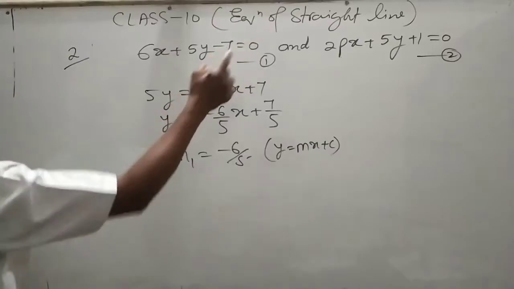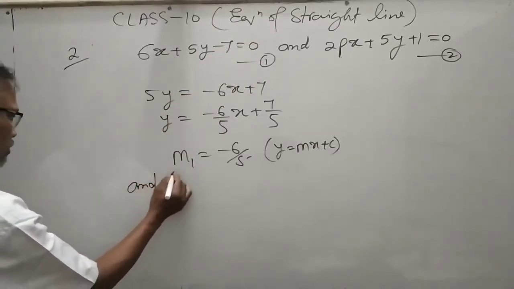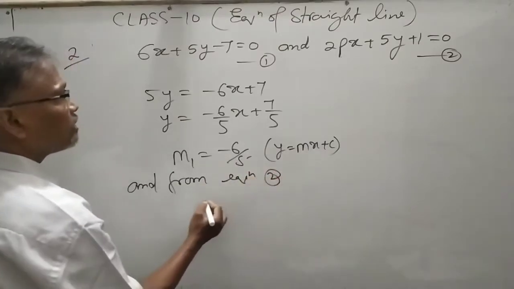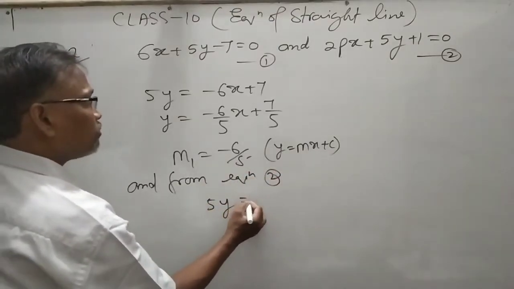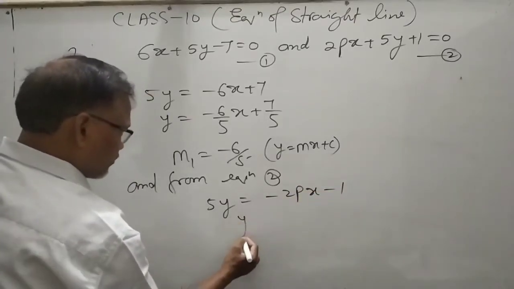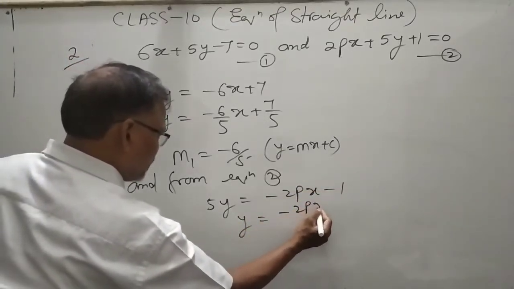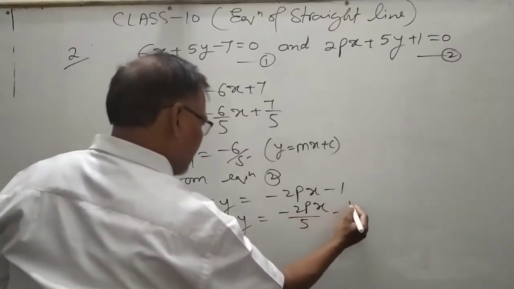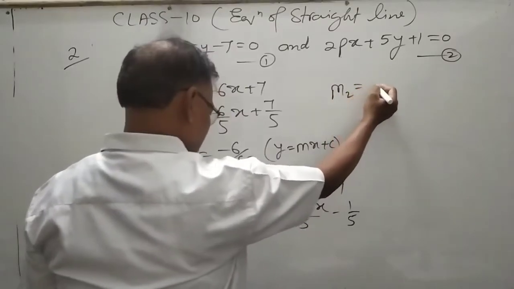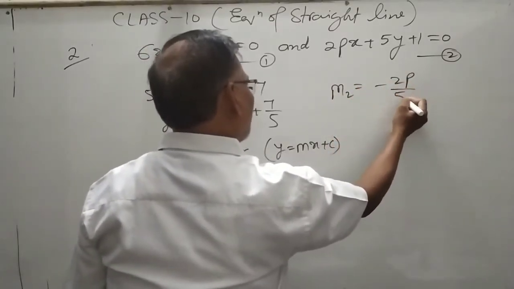And from the second equation, 5y is equal to minus 2px minus 1, or y is equal to minus 2p by 5 x minus 1 by 5. So m2 is equal to minus 2p by 5.